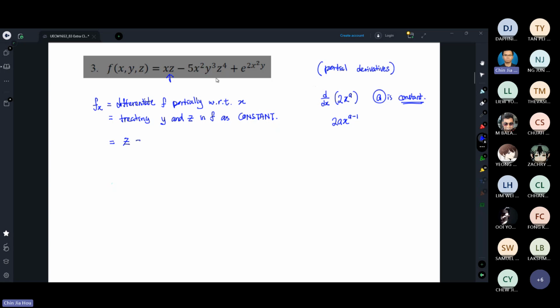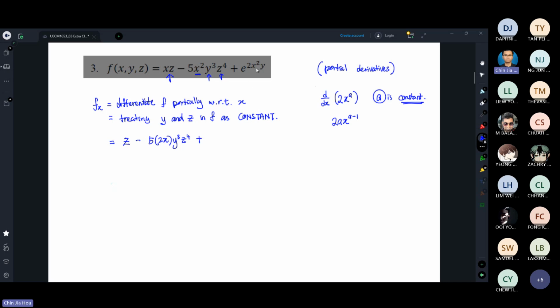Then minus again, this y here, z here, it doesn't matter. They are just numbers in this case. So we just need to deal with the x over here. If we differentiate it, we get 2x. So 5, 2x, y cubed, z to the power 4.